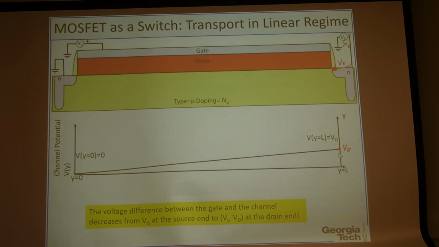So this voltage, we assume it will linearly drop to 0, because on this side you ground it. So then the voltage is 0. So you have voltage drop along this channel from right to the left. The voltage drop is VD to 0.